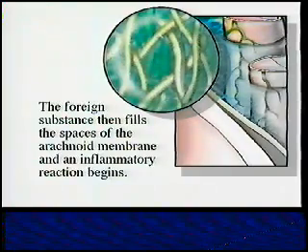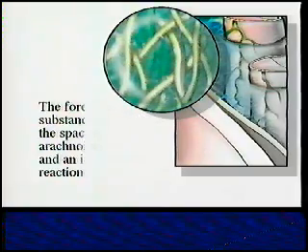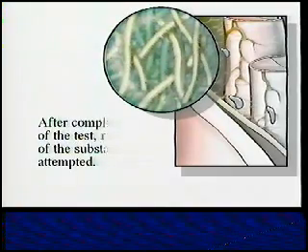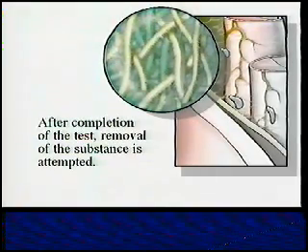Shown here is the filling of the interstices of this arachnoid membrane by the foreign body substance, the oil myelographic agent. The presence of this foreign body begins to initiate a secondary response, which is a normal inflammatory response to a foreign body.